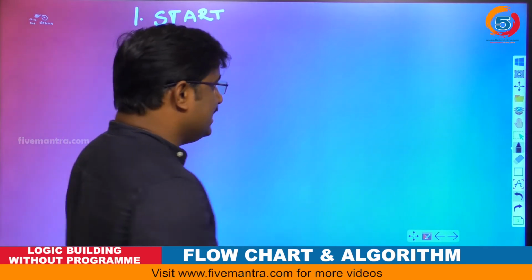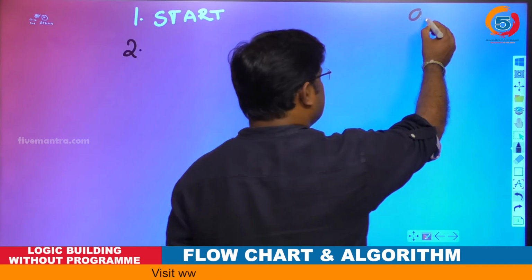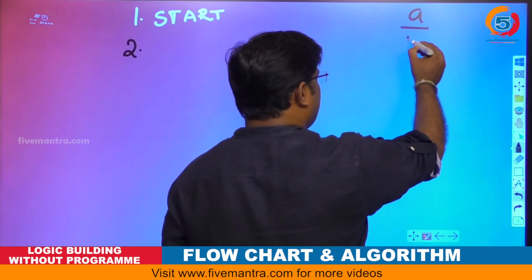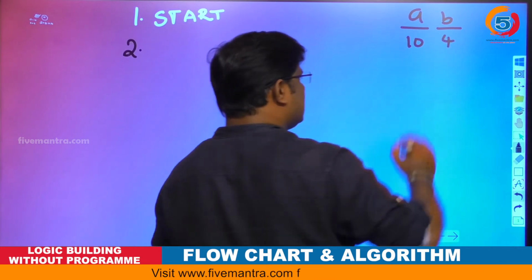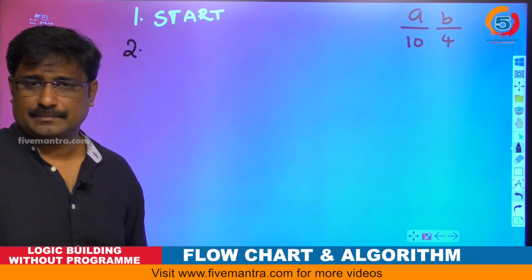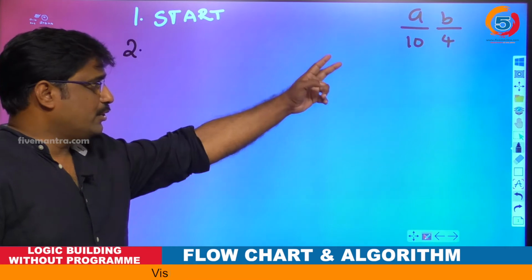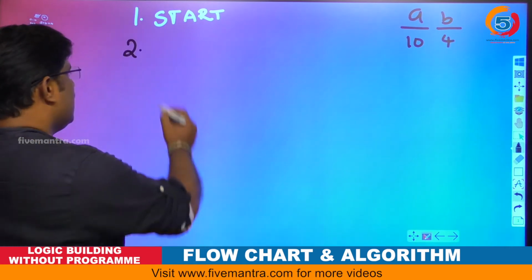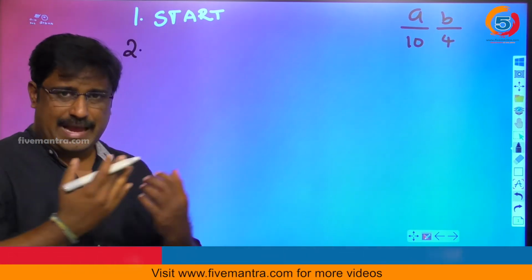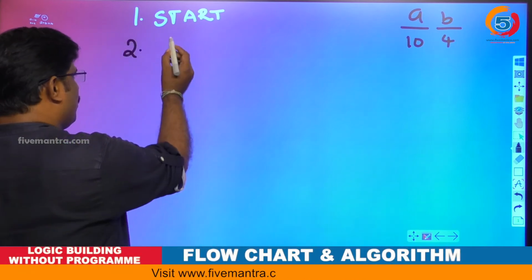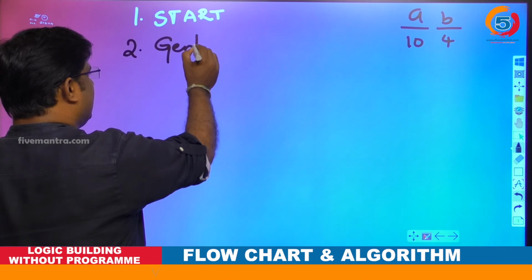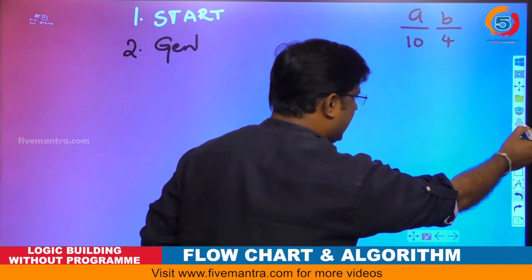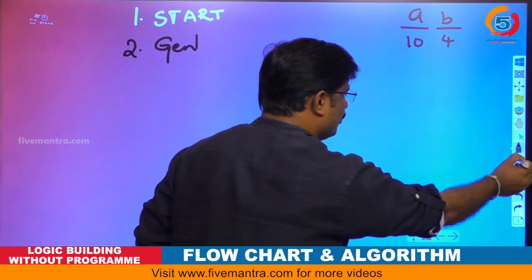Now, what I need is two variables, a equal to 10 and b equal to 4. These are the numbers I want to add. Getting my point? Now, first of all, you have to get the value from the user. As a programmer, just write the step: get the value from the user.